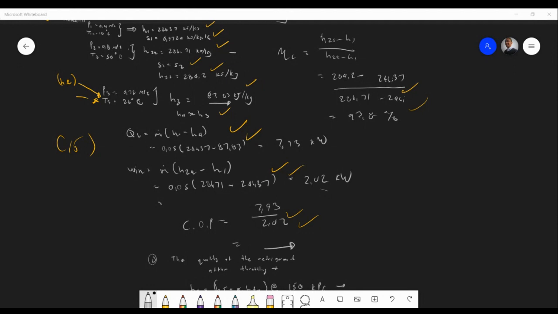How much of it actually has vaporized, or what's the state of it after the throttling? Because remember, it's supposed to be liquid.